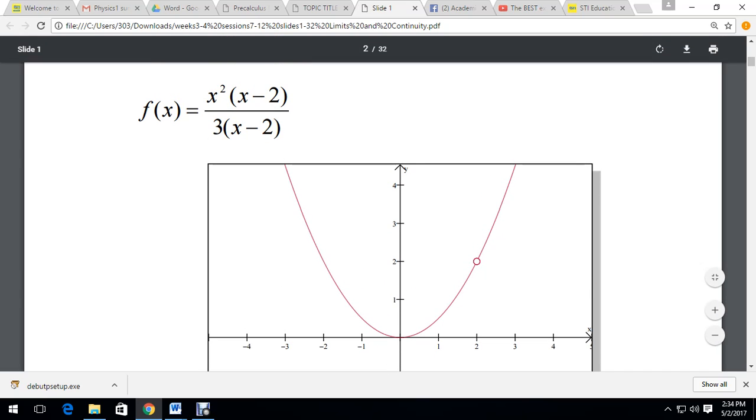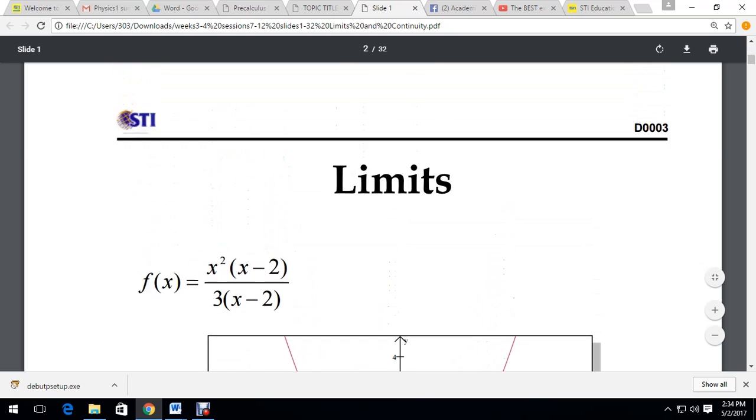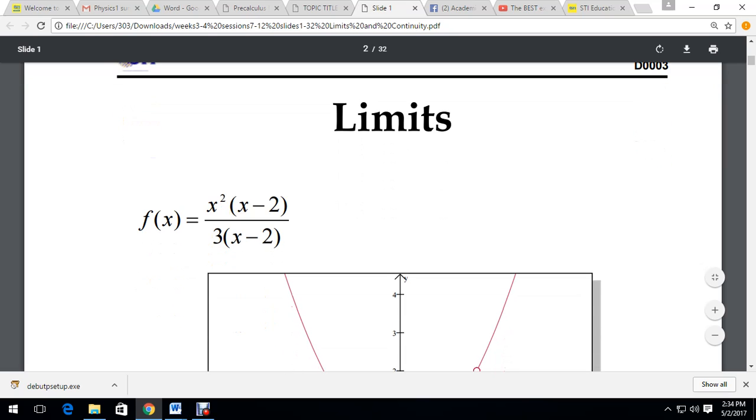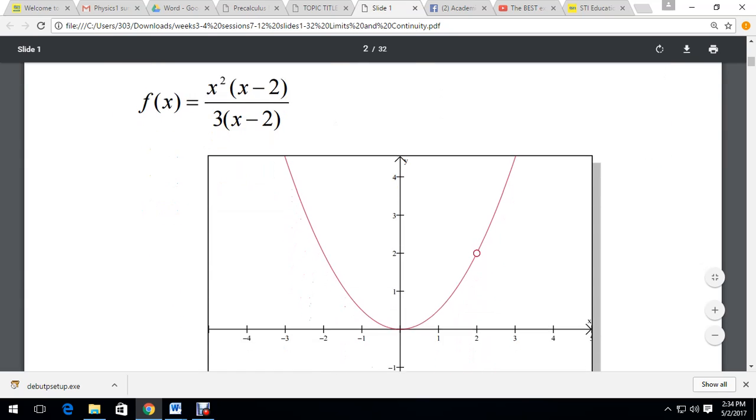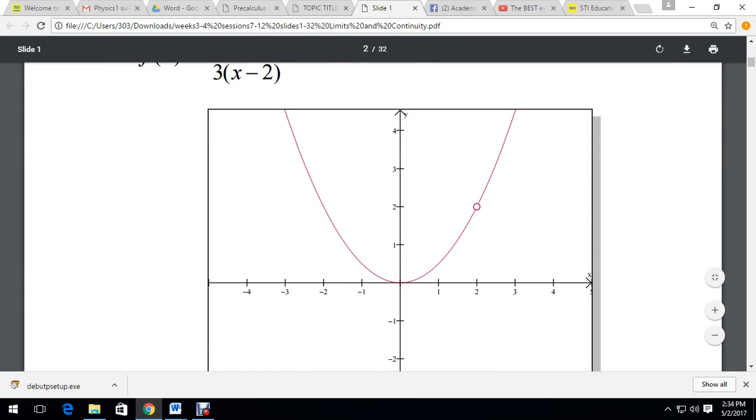Now, what is illustrated here is that if the function is discontinuous at a particular value, for example 2, that means that the graph of the function is a continuous smooth curve, but you will have a hole at a value of x equals 2, such as the one that is illustrated here.